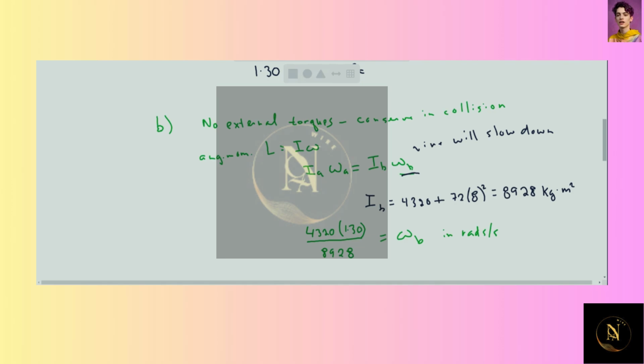And our speed will be down by almost 1/2. 6.629 rads per second. Okay, so that makes sense.